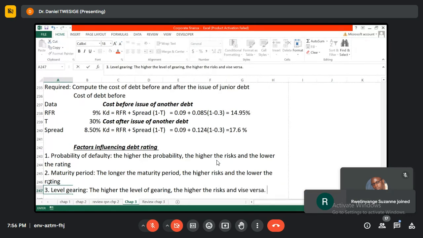So if you have a high level of gearing, you have a high level of risks, and if you have a low level of gearing, you have low risks. So it means you are going to be rated high if you have that.